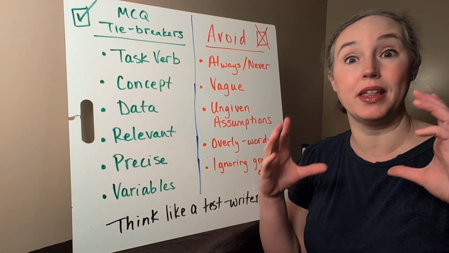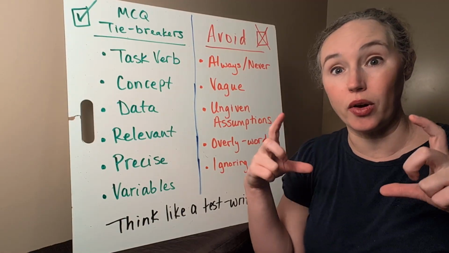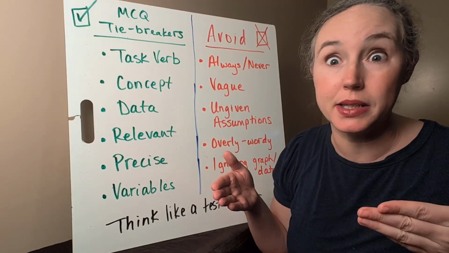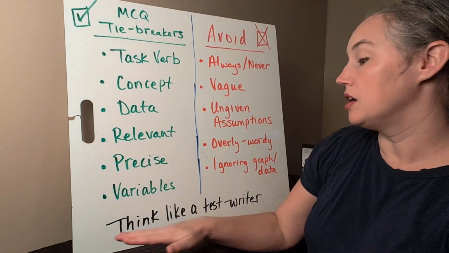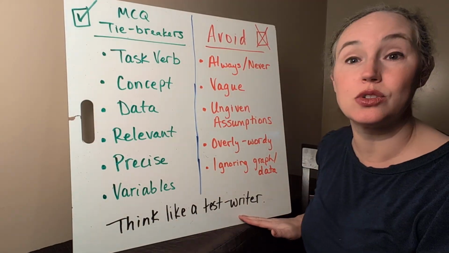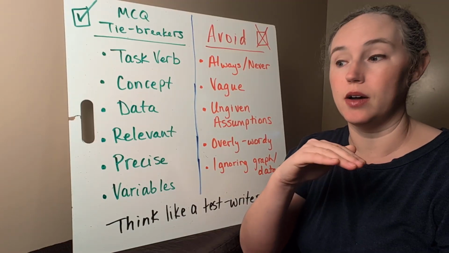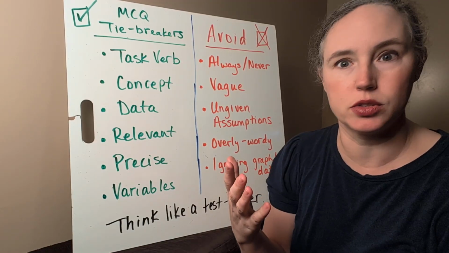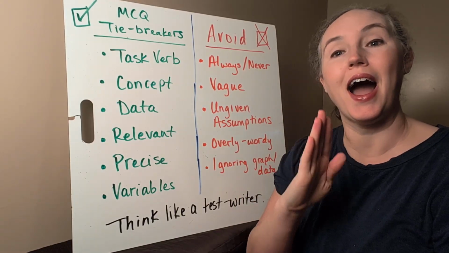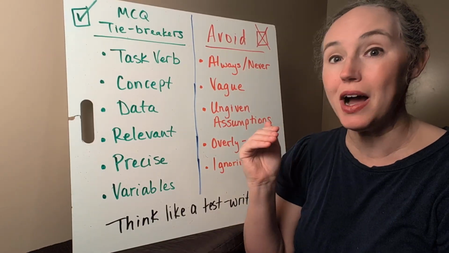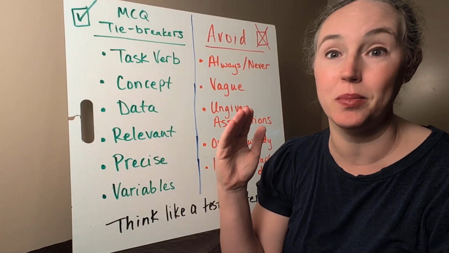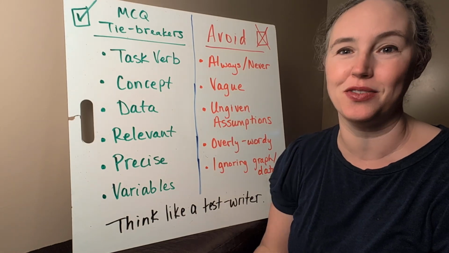Don't ignore them. If they spent the time to print out the graph and the data, it's probably useful to you. Thinking like a test writer is what's going to help you go from I understand how photosynthesis works to I can answer questions about photosynthesis on the AP Bio exam quickly and efficiently.